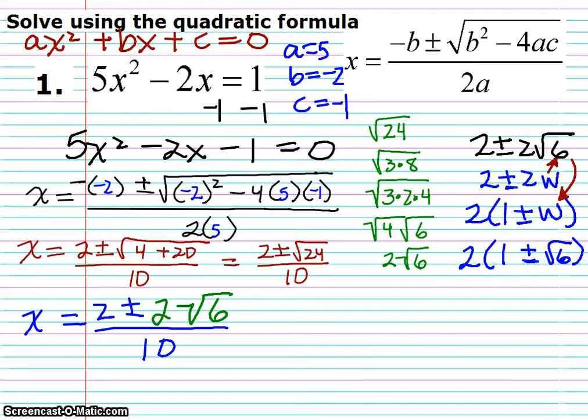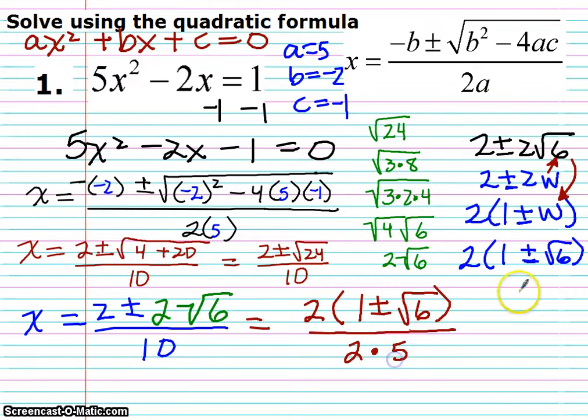So that's what our numerator is going to be. So we will get 2 parentheses 1 plus or minus the square root of 6 over 10, and 10 can be written as 2 times 5. And then we can cross off the 2's, and our final answer is x equals 1 plus or minus the square root of 6 over 5.